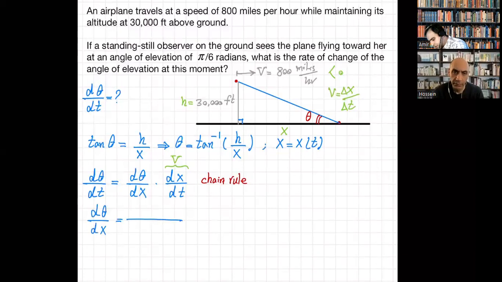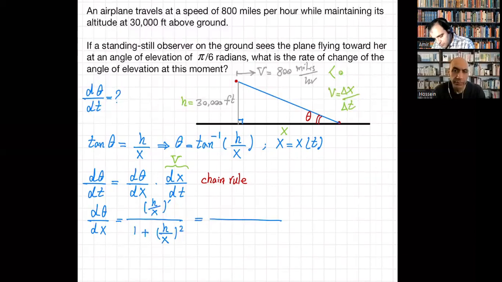So it's going to be the derivative of h over x in terms of x, over 1 plus h over x squared. The h in the numerator is constant, so it's easy, right? It's a quotient rule.